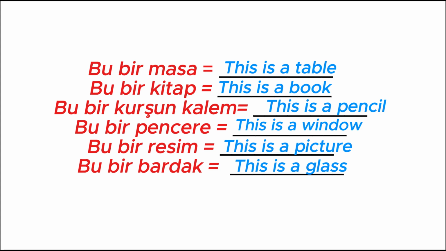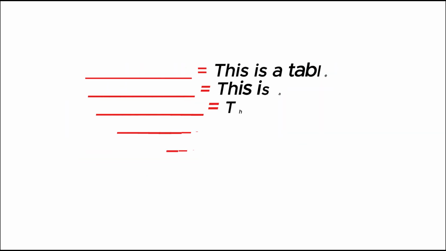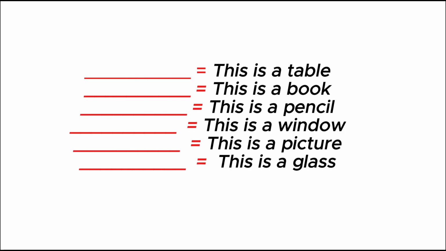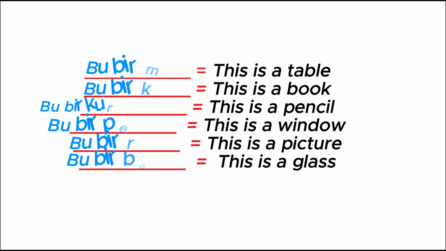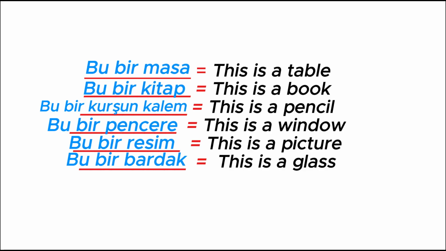And how was it? Here's the final practice. Please pause the video right now. And here are the answers. Bu bir masa. Bu bir kitap. Bu bir kurşun kalem. Bu bir pencere. Bu bir resim. Bu bir bardak. And how was it?